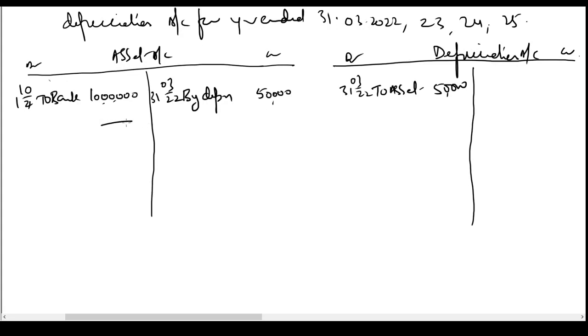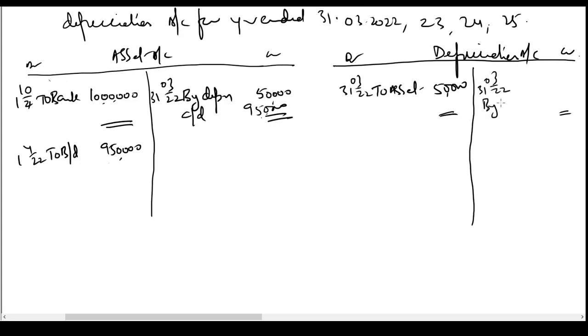Now I will have carried down value of 9,50,000. 1st April 22, to balance brought down. I will have 9,50,000 here. The balance in depreciation account is transferred to P&L account on 31st March 22. I'll write by P&L account 50,000. This goes away now.